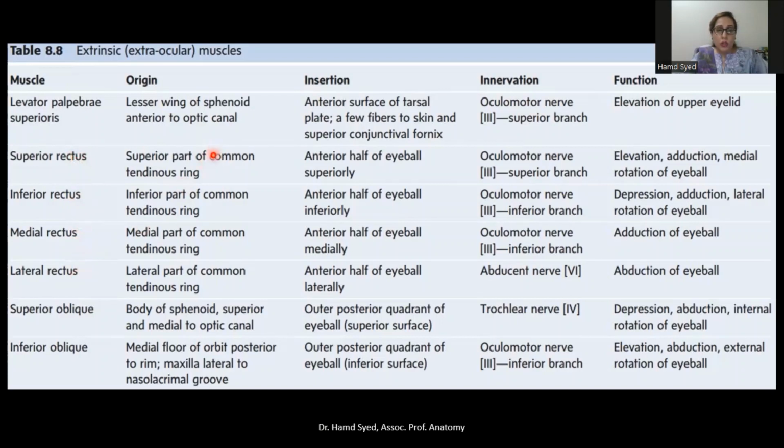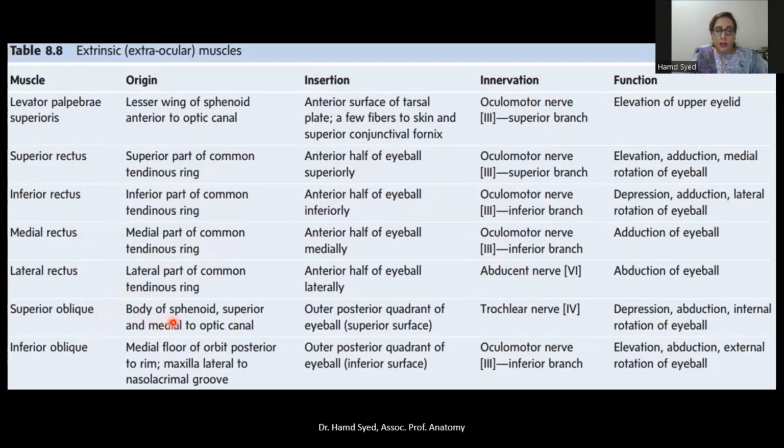They're all originating from the common tendinous ring, and they're all inserted into the anterior half of the eyeball. The superior rectus is supplied by oculomotor nerve, as well as inferior rectus and medial rectus. The exception is the lateral rectus, which is supplied by the abducens nerve, that is the 6th cranial nerve. Then come the oblique muscles, which are superior and inferior oblique.